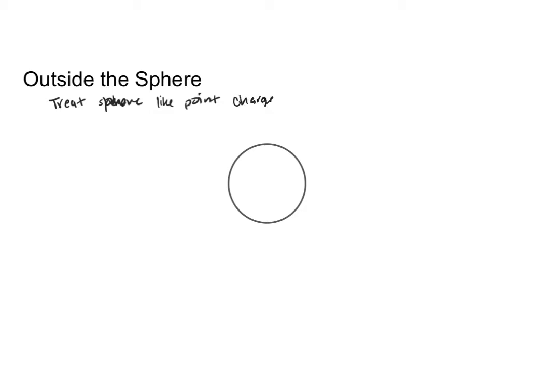What something outside of the sphere would experience is the same electric field that they would experience for a point charge located at the very center of the sphere. So our equations are the same as they are for a point charge. Our electric field is given by kq over r squared, and our electric potential is given by kq over r. So that's outside the sphere, nice, easy, and straightforward.